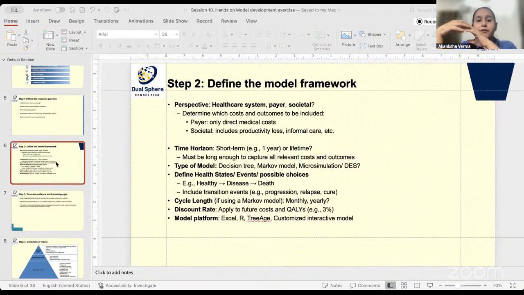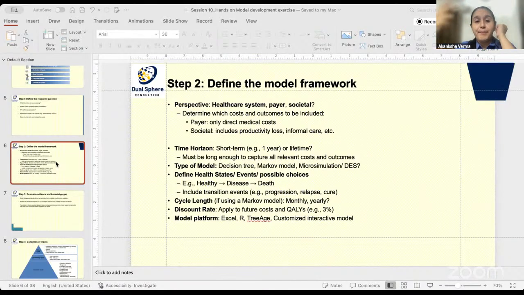And if you want it from the payer's, hospital or provider perspective, then you will have to only focus on those costs which a healthcare provider is paying, is actually delivering, what all services, what all costs he has to incur.